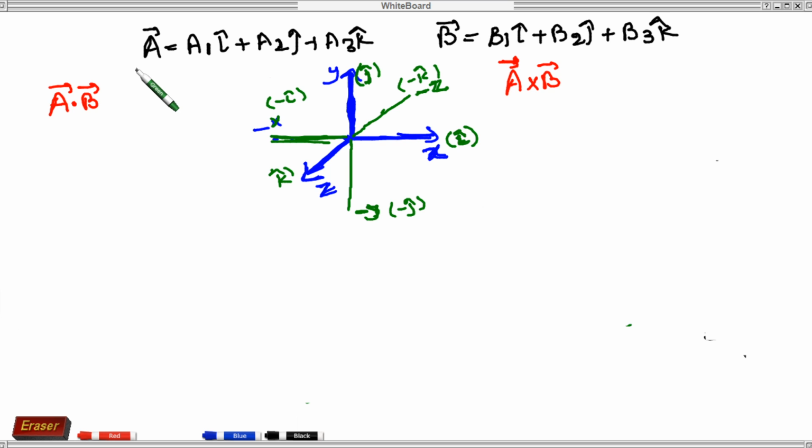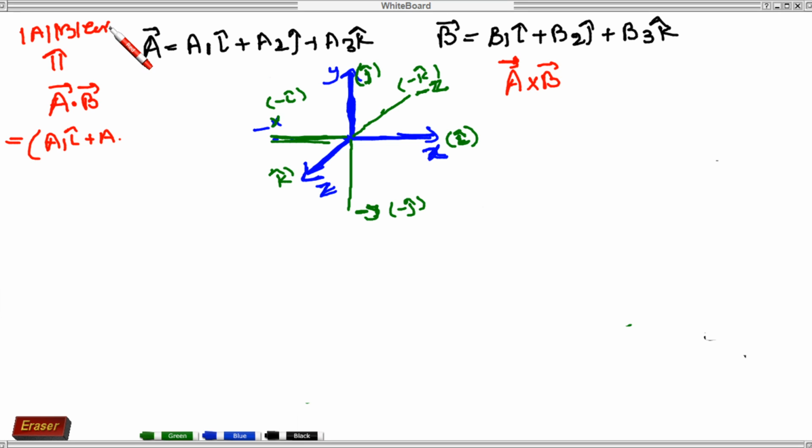Yeah, I will be doing it in a simple way. You can see here I will write it like this: a1 i plus a2j plus a3k dot b1 i plus b2j plus b3k. I told you the formula for this was modulus of a, modulus of b, cos theta.